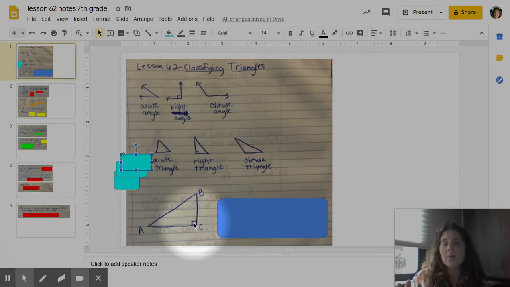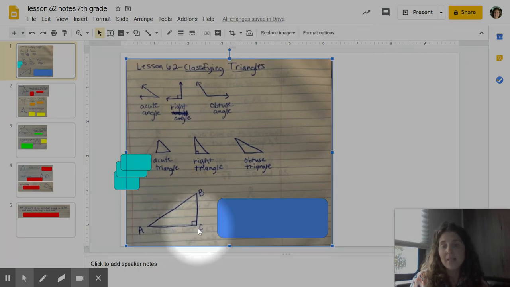A lot of times they refer to the angles and the sides on the opposite side. So for angle B, the opposite side is AC. This is important because it's how we can put side lengths in the correct order from biggest to smallest, or angles from smallest to largest. Here are some examples.